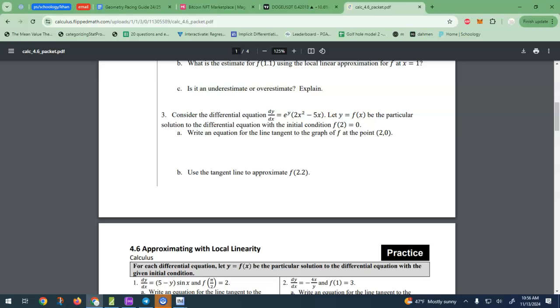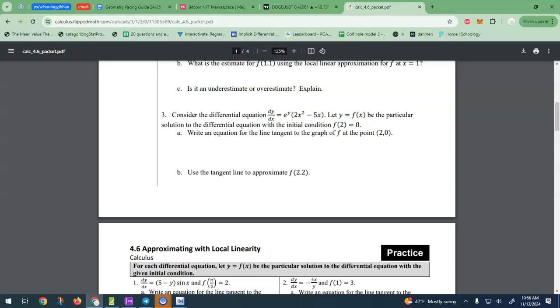So the derivative would be e to the 0 times 2 times 2 squared minus 5 times 2. So I'm just plugging in 2 for x and 0 for y. E to the 0 is 1, so that doesn't matter. That's 8 minus 10, so negative 2. So that's the equation of your tangent line.